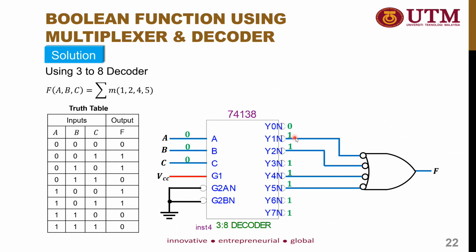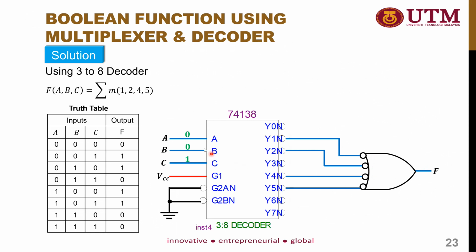So as the connected pins to the OR gate go through the bubble, each and every pin which is equal to 1 will become 0. And after we execute the OR operation, which is the OR gate, the output F will become 0. So it fulfills the condition of A equals 0, B equals 0, C equals 0. The output will become 0.